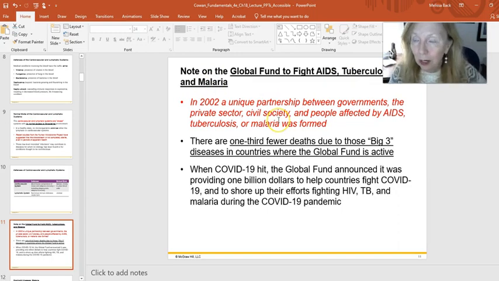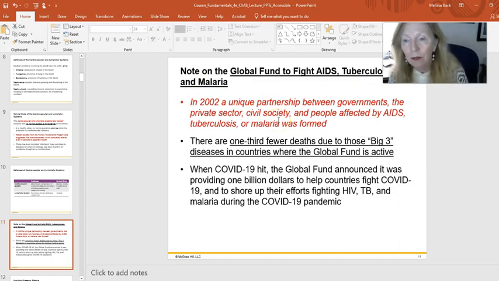They got together and united and designed some protocols to fight against these particular infectious agents. And since then, there's been a significant reduction in deaths associated with these big 3 diseases.